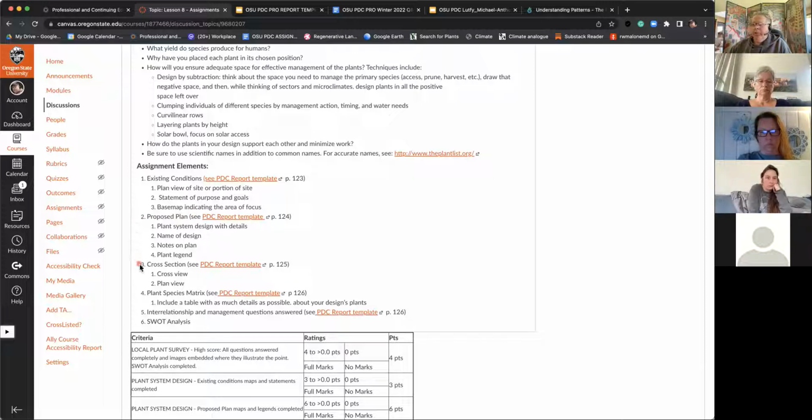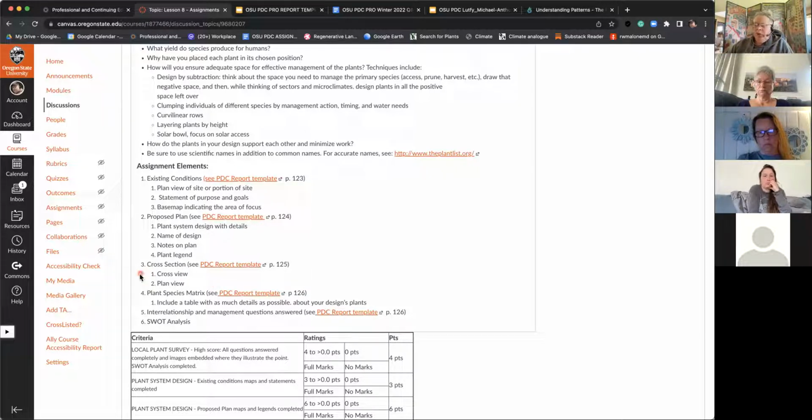And then the tricky part is doing a cross section of that planting. And you might find you have to do that by hand. But again, we've gone through that cross-section view, so you're familiar with that. And then we're just doing that on a very small scale in this case. So we're going to have that and a plan view, the 2D overhead and then the cross-section.